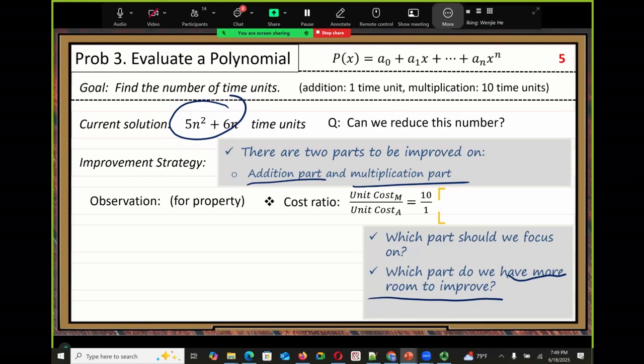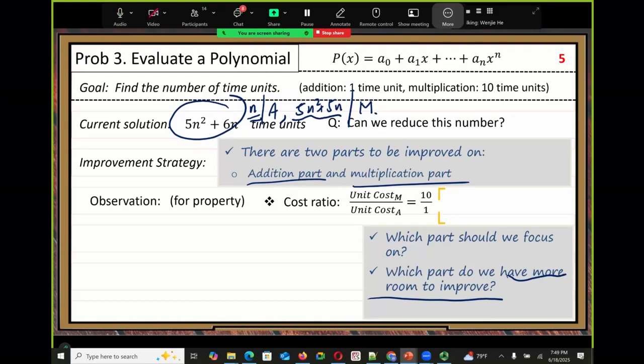We know in this expression, n is for addition, and the remaining 5n squared plus 5n is for multiplication. You see, 5n squared plus 5n is much larger than n.